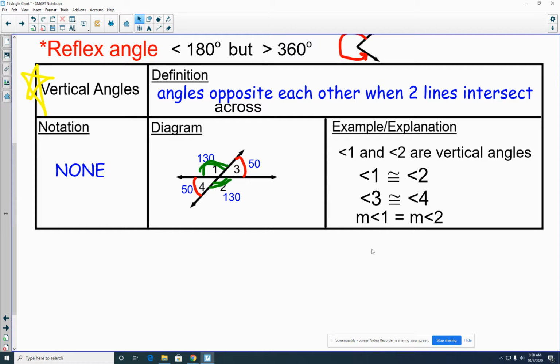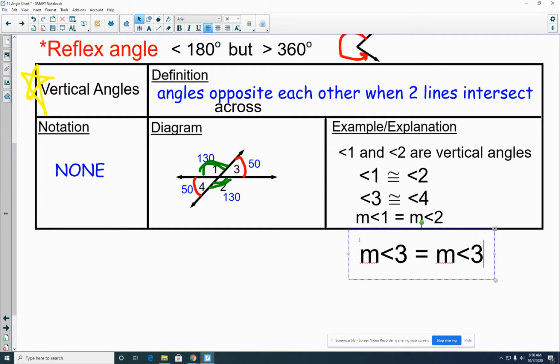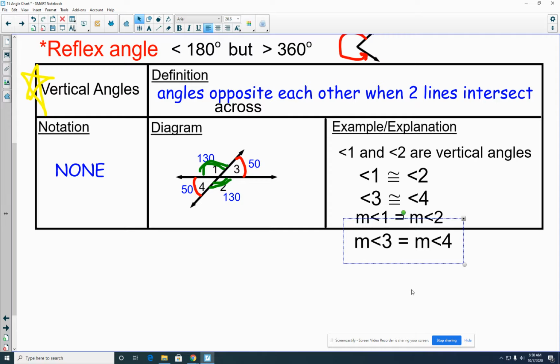If they're congruent, they're also equal in measure. So I'm also going to put measure of angle 3 equals measure of angle 4. Vertical angles are huge. When we see vertical angles, we need to be thinking they're equal, and it's good to go.